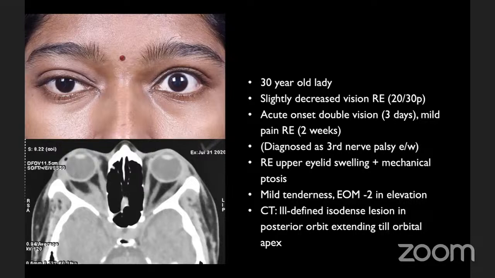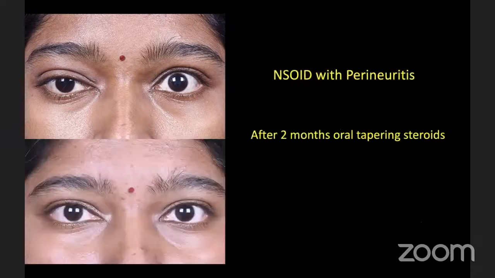Now, moving on, let us look at this 30-year-old lady who presented with slightly decreased vision in the right eye. And she presented with diplopia, which was present since 3 days, and muscle pain. So apart from that, clinically, you could only see upper eyelid swelling and some amount of mechanical ptosis. And the CT scan showed an ill-defined isodense lesion in the posterior orbit, which is extending right into the apex.